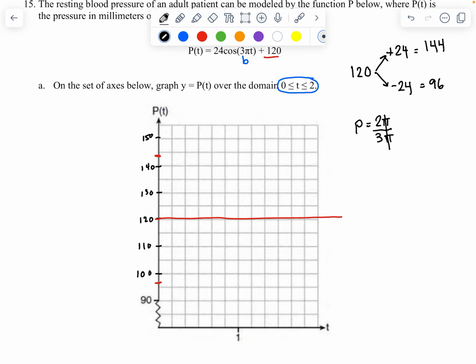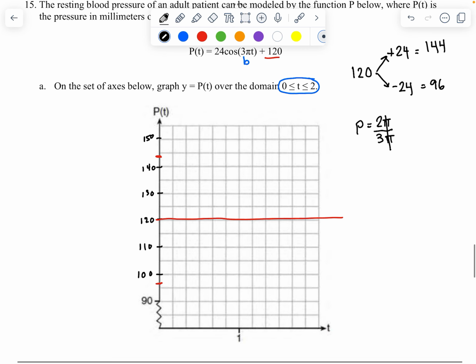That's going to be a little tricky. Okay, so 2/3 of 1. If I break this up into thirds, this right here is 2/3. So I need one cycle to end there.